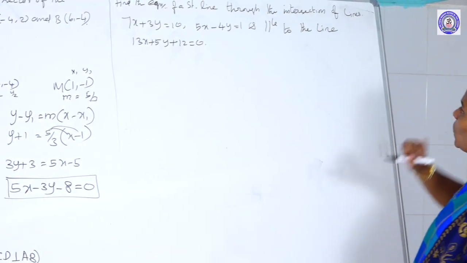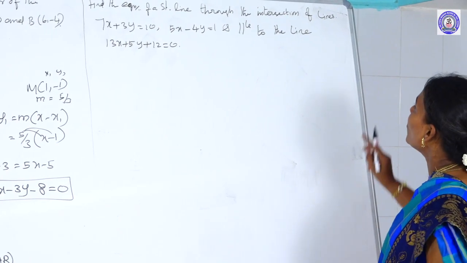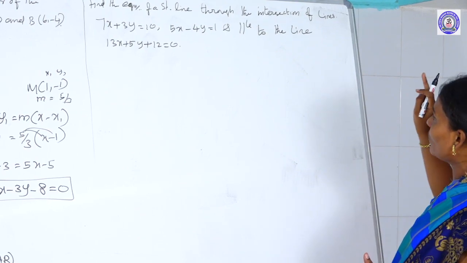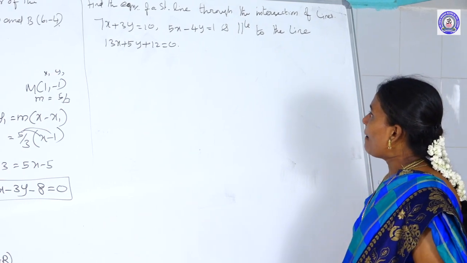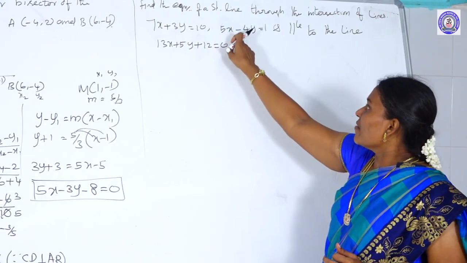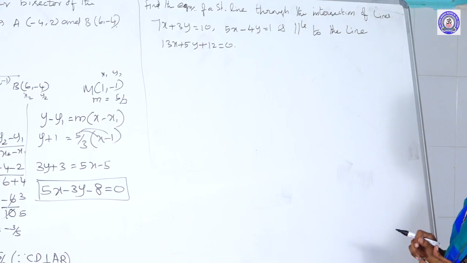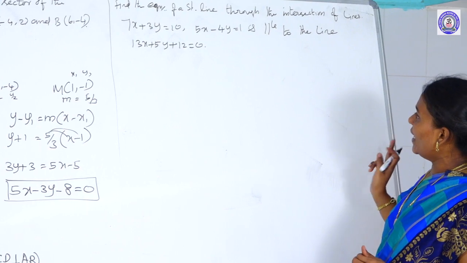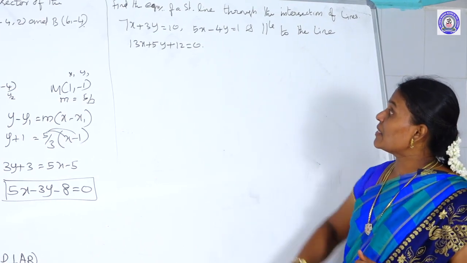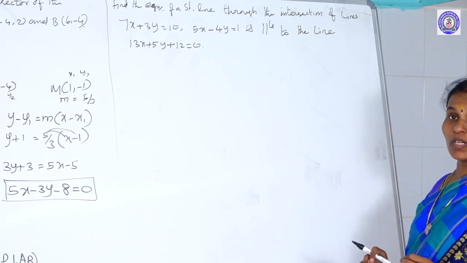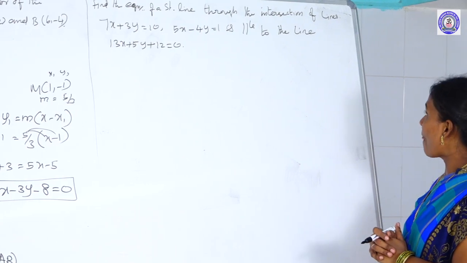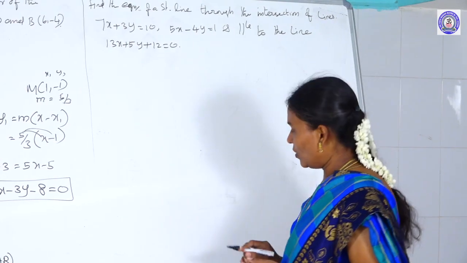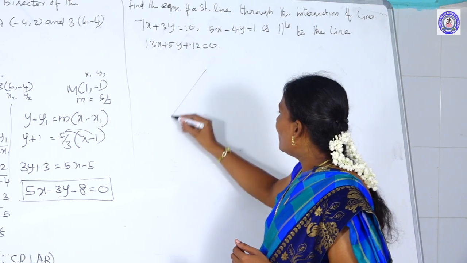Now see here the question. Find the equation of a straight line through the intersection of the lines, the two equations given, and parallel to the line 13x plus 5y plus 12 is equal to 0. So first you draw the diagram for this.